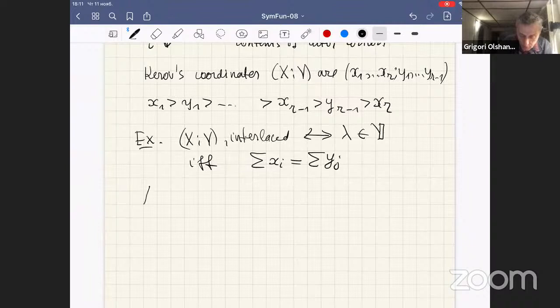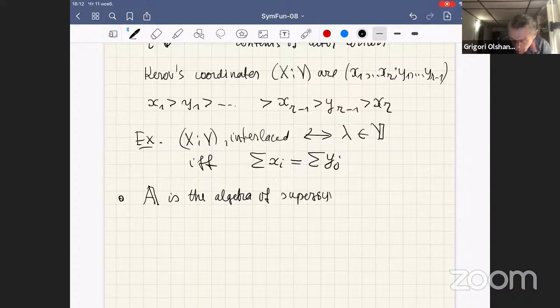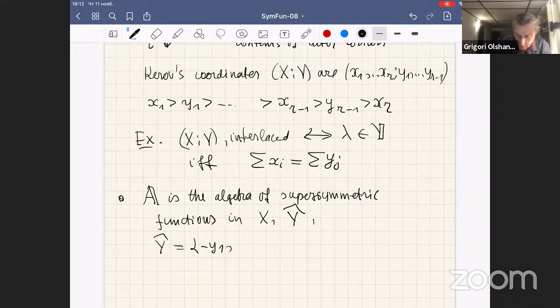The algebra A is the algebra of supersymmetric functions in x and y hat.